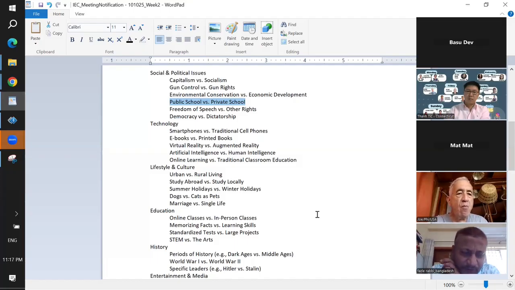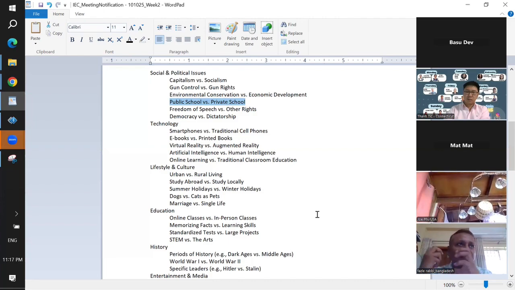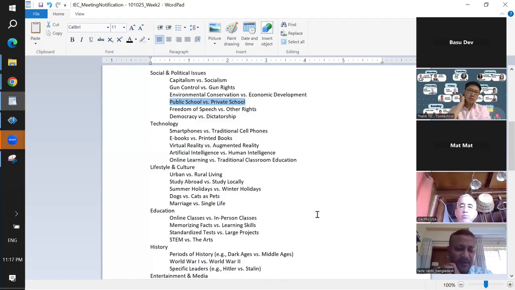And I want to choose another one, that is ebooks versus printed books. Ebooks are very good, because whenever you need some information about particular things, you can get it anytime from the ebook. You can carry a lot of books in your pocket. But from my point of view, with printed books there is some emotional attachment that is missing with ebooks.